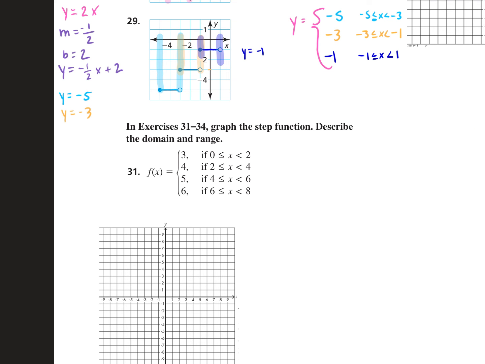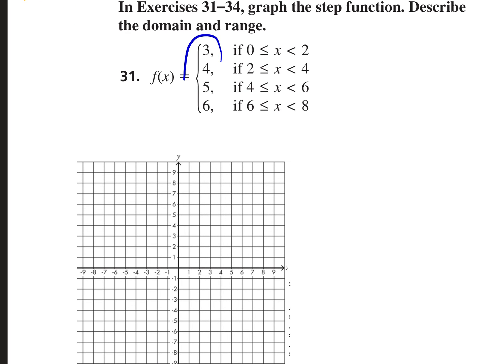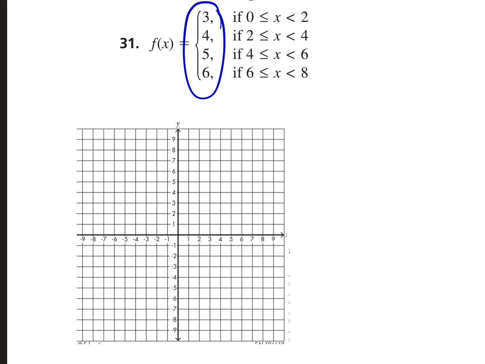And let's graph 31, just for fun. So all of these are just constant numbers. So what do I know that each piece is going to be? A straight line. So I'm going to start with my straight line at 3. And what's x in between? 0 and 2. So x is going to be in between 0 and 2 for my line at 3.